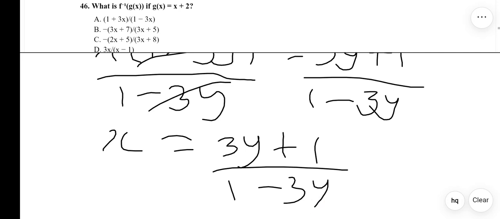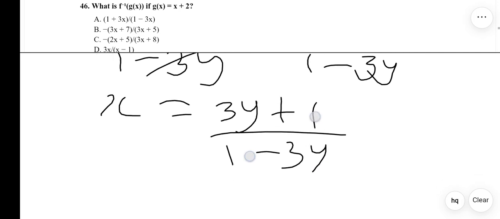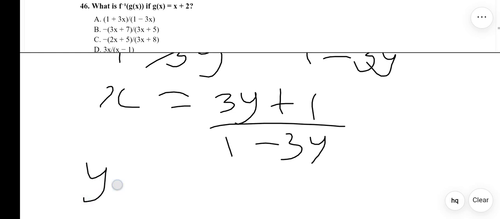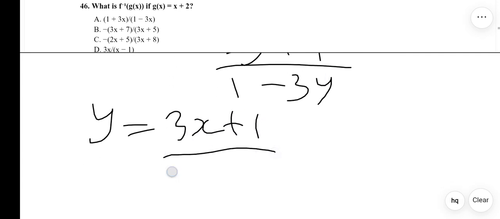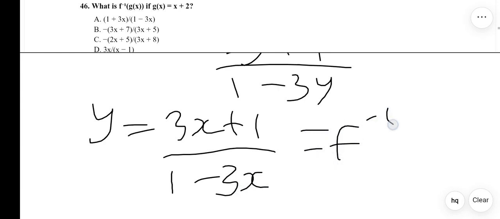So remember I told you when we are finding the inverse of a function, we just change our y to x and our x to y. You are changing your input to output and your output to input. So that is 3x plus 1 all over 1 minus 3x. So now remember, this is just the value of our f inverse of x.